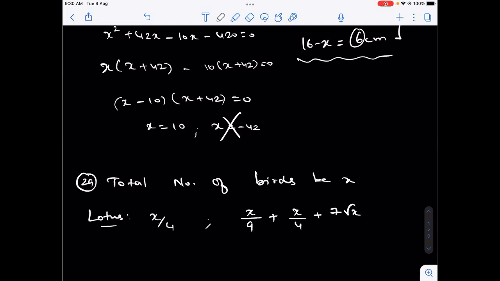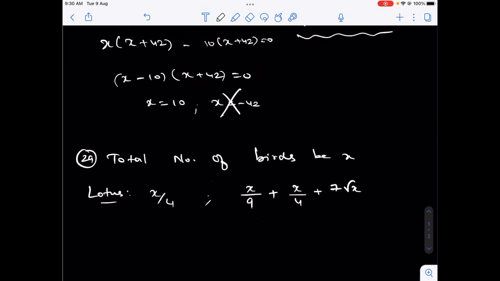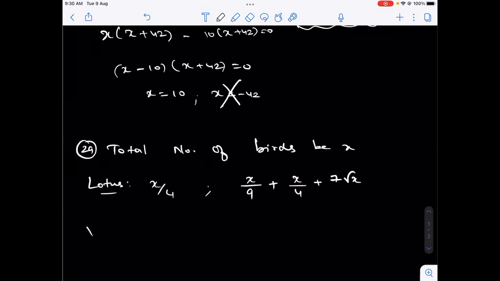Okay. 56 birds remain in the Bakula trees. Okay. What is the total number?